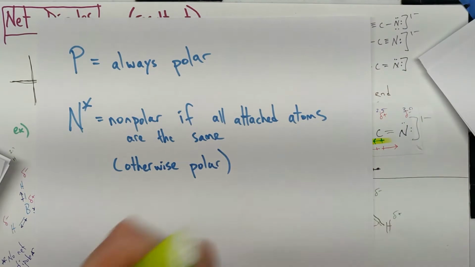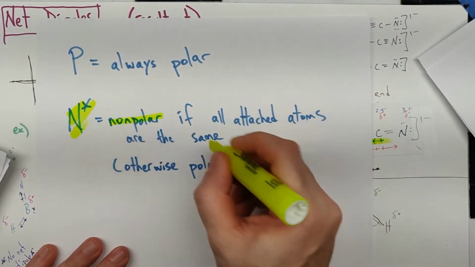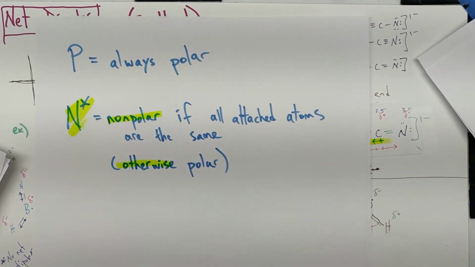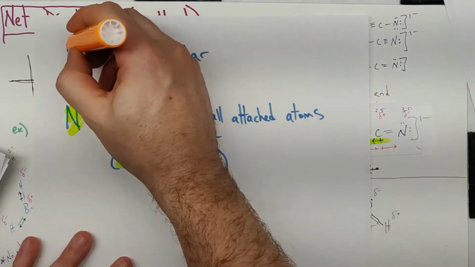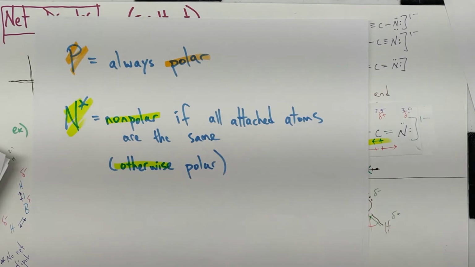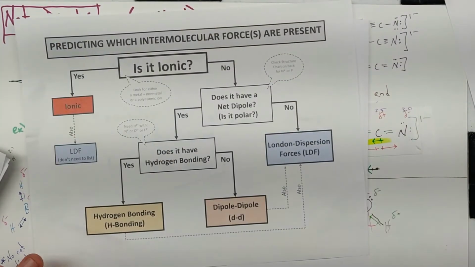So this is going to be nonpolar unless it has different atoms attached, and then this one for P is going to be polar. And that's going to be the deciding factor in running through this flowchart right here.